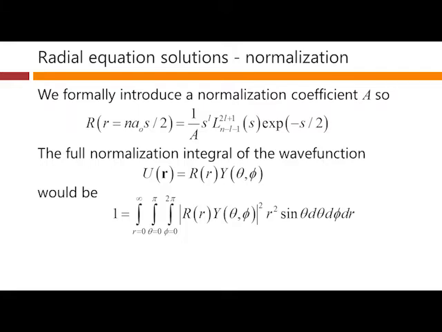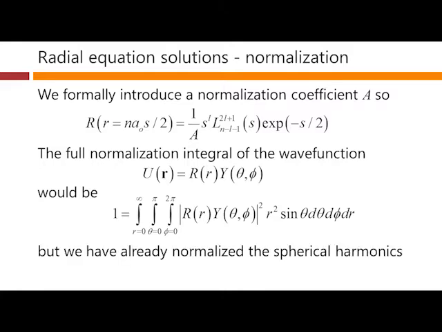Because we're working in spherical polar coordinates, the volume element that we end up working with in this equation is this r squared sine theta d theta d phi dr. But that's just coming from the spherical polar coordinates. But we've already normalized the spherical harmonics, so we don't have to do that again. So we're left with the radial normalization.